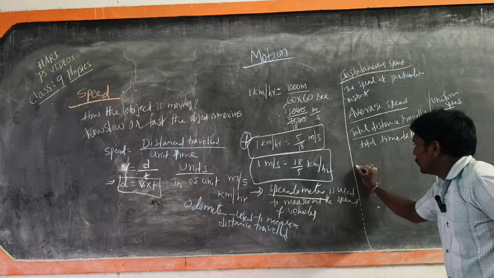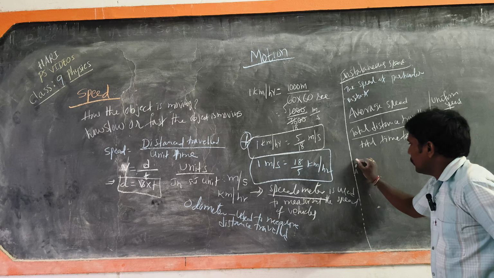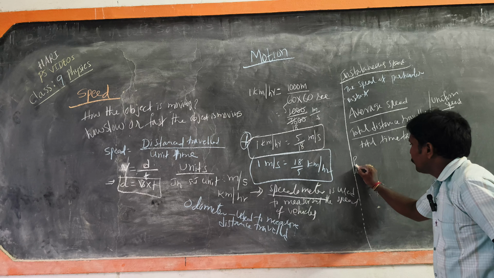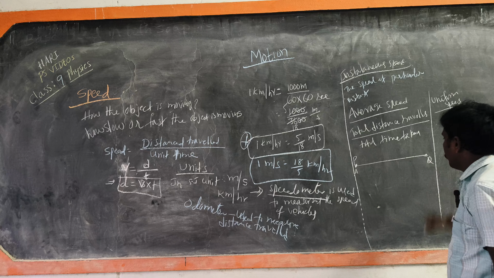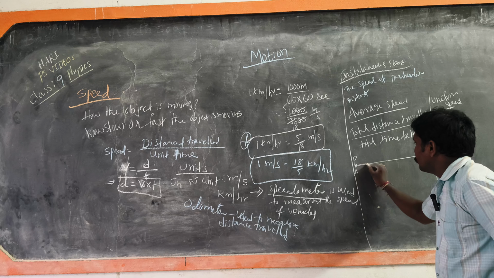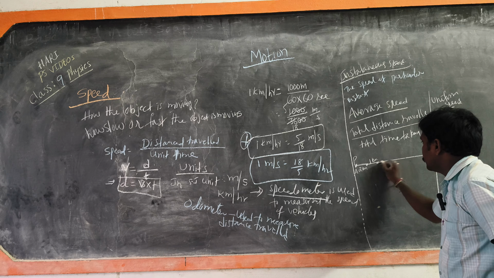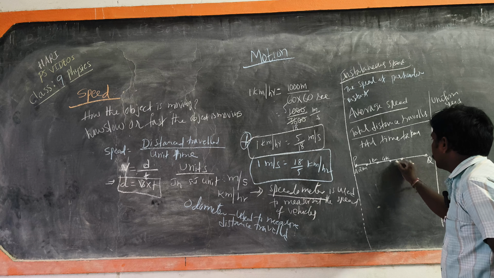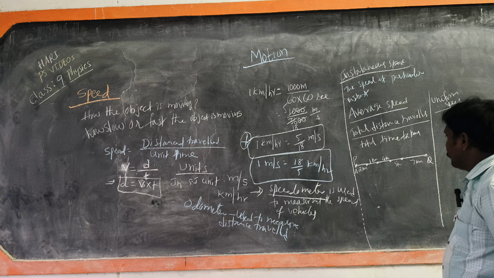For example, the object is at point P and reaches point Q. Here to here it covered 2 kilometers, here to here 1 kilometer, then 4 kilometers, then 5 kilometers, then 7 kilometers.